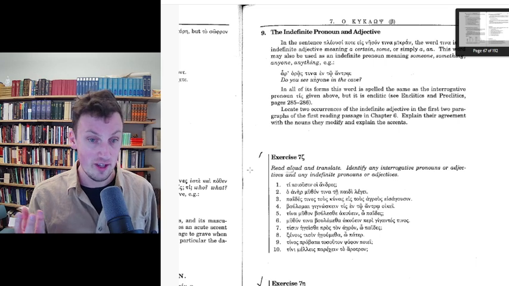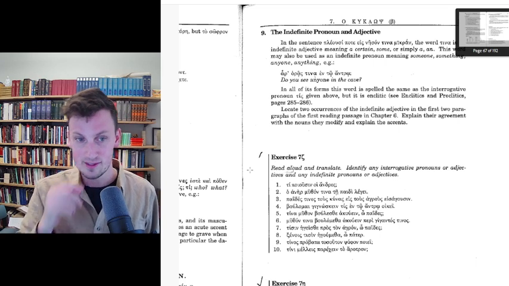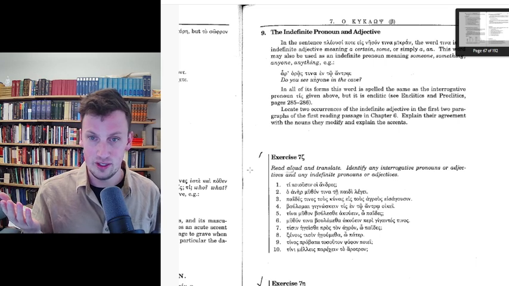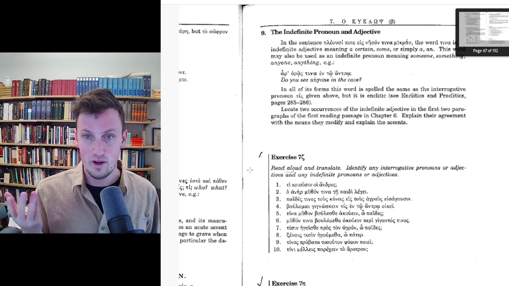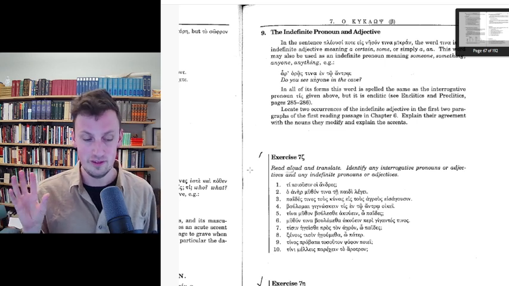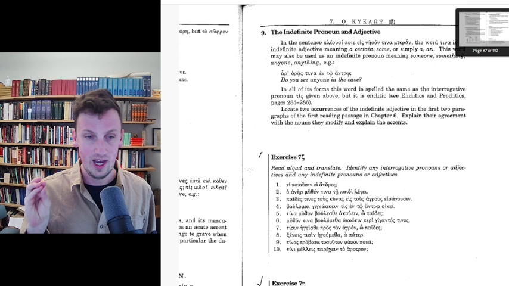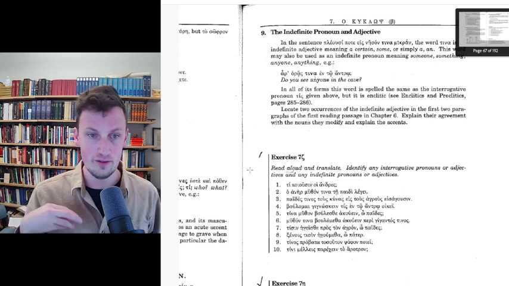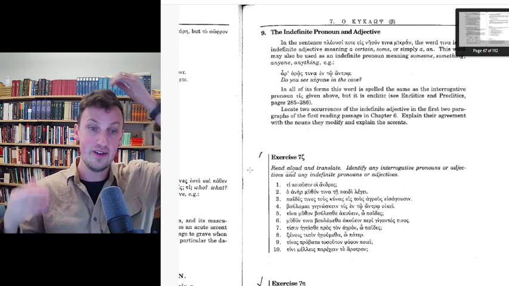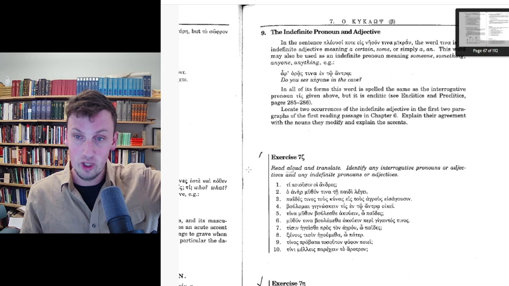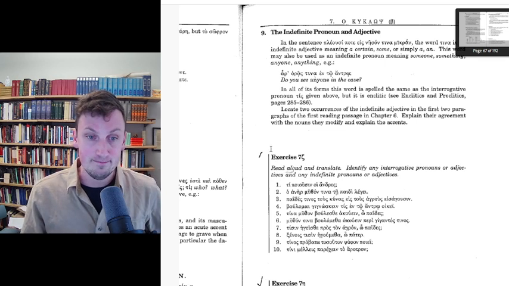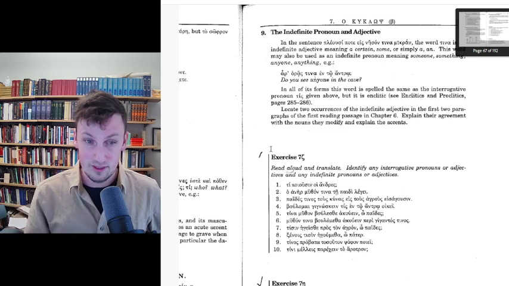So interrogative means question, from the Latin word to ask. And here we have the indefinite, which is just the whoever. We're not specifying someone, and if you want to use it as an adjective or a pronoun to refer to someone unspecified, you can use the same word. Not tricky. The third declension is the one to think about.